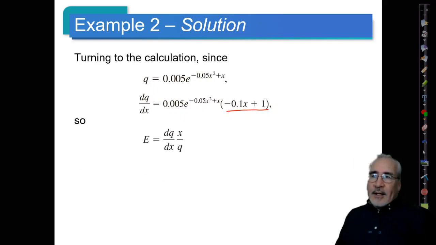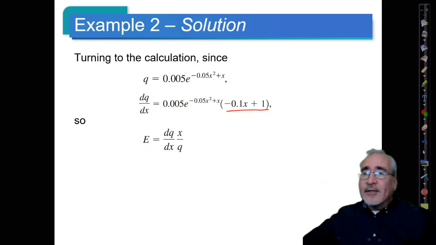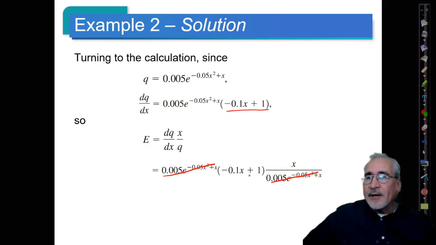So we get the elasticity is the derivative times x over the demand function, the income function in this case. And this is what we worked out. Because we have e, this cancels out. So we're going to get x times this.